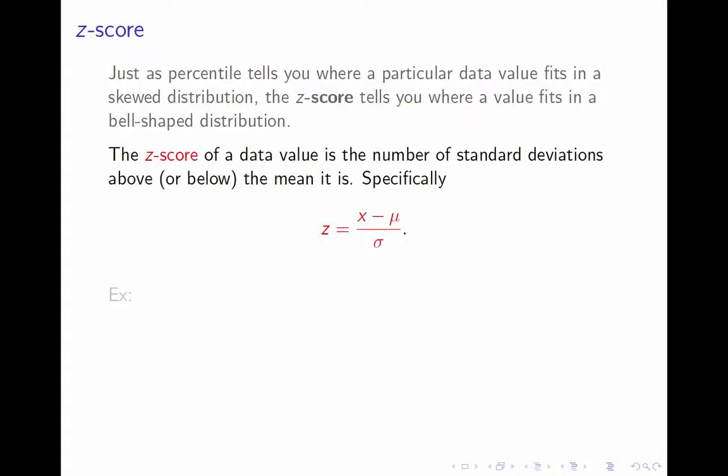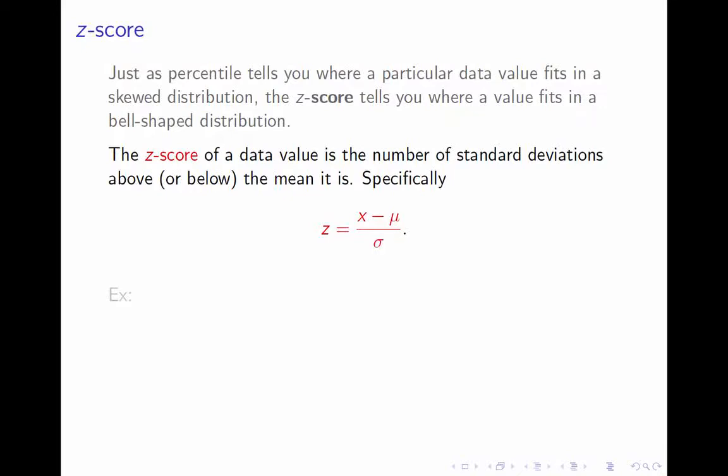The formula is z equals x minus mu over sigma. That is, you take the value of your data point, you subtract the mean, and you divide by the standard deviation. Since I've written mu and sigma here, you understand that we're in a population context, but you can just as well do this in a sample context, where you would write x bar and s.